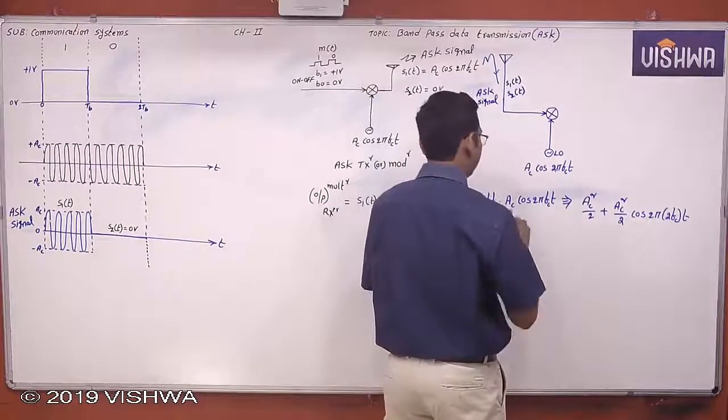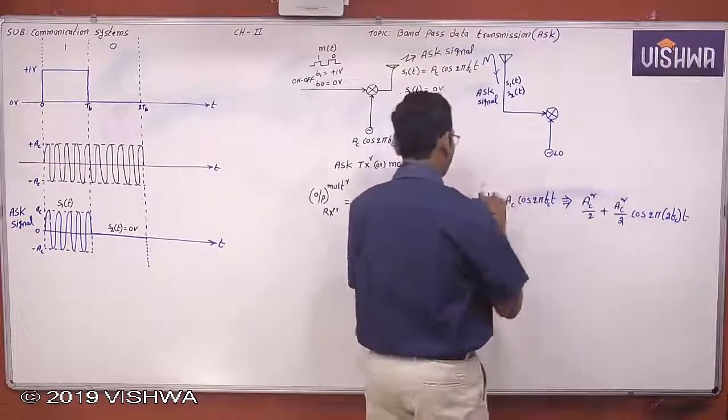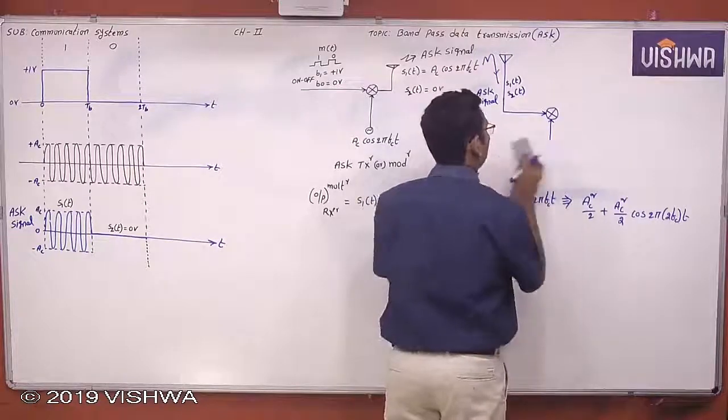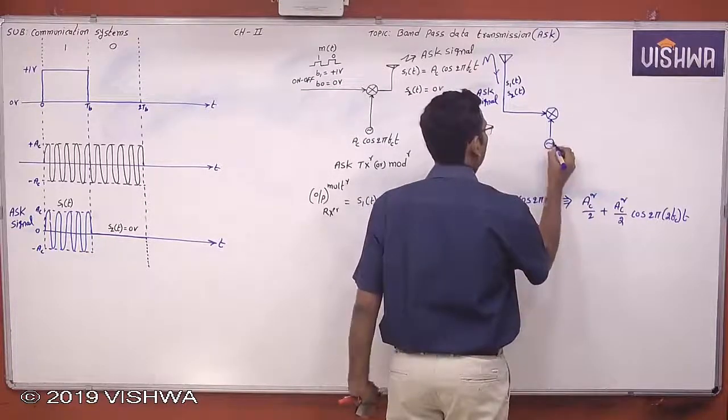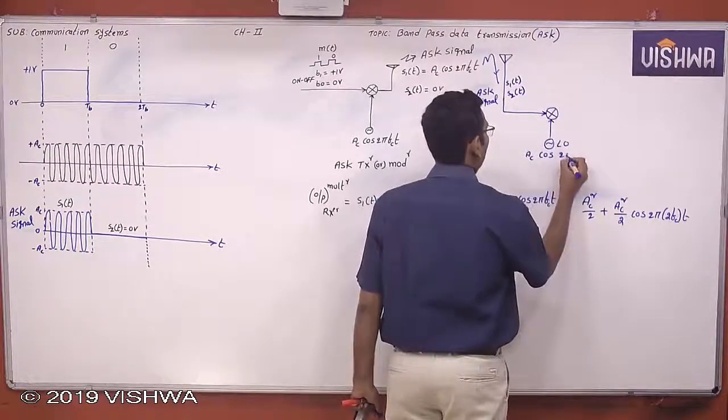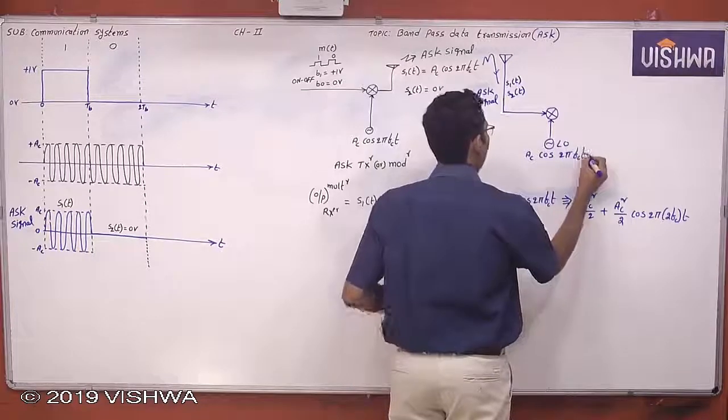Now this is the ASK demodulator, or ASK receiver. This is the local oscillator, AC cos 2 pi FC T, same frequency, same phase.